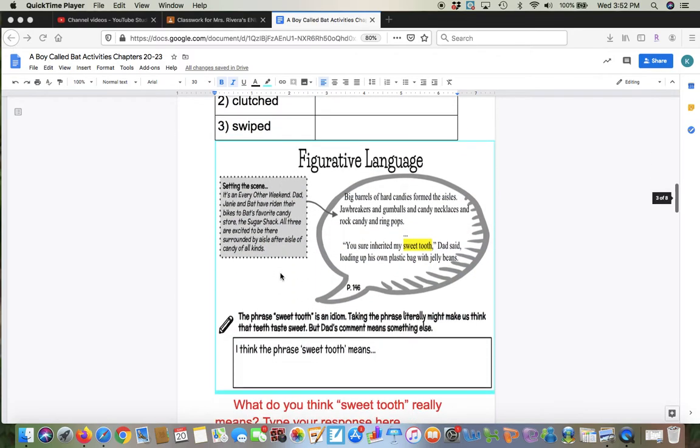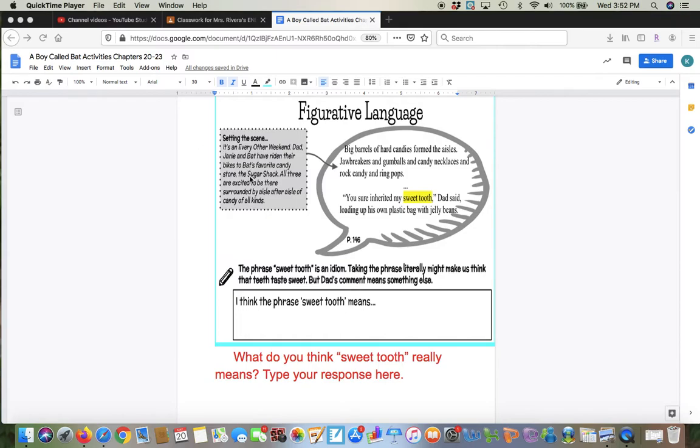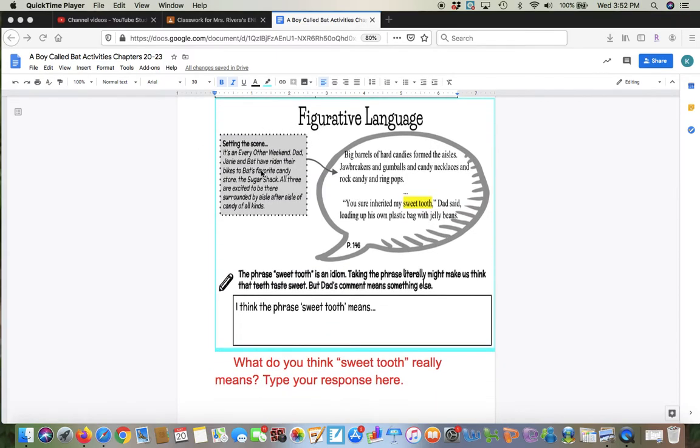And then you might have to zoom in a little bit on this if you can't read it, but this is about figurative language. This chapter, they set a scene. They're going to talk about the scene of the story, the moment in the story, and where they are. And you're going to try and figure out what this idiom means.